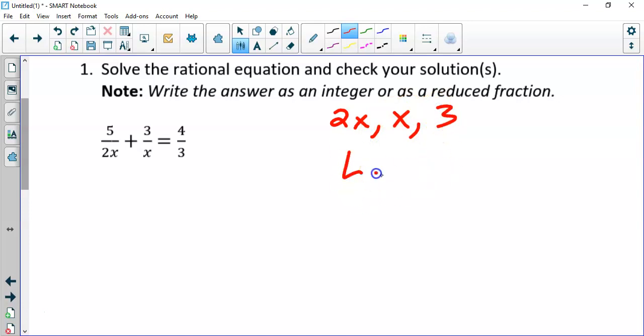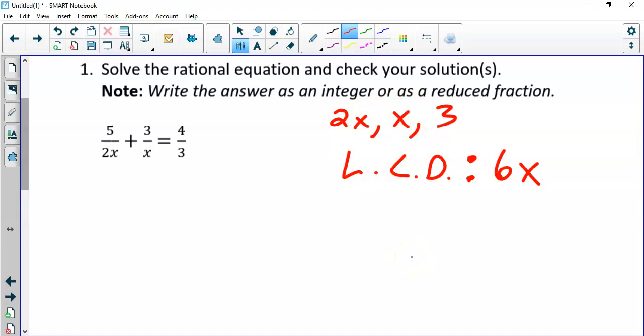So we need that LCD. So between those denominators, 2x, x, and 3, what will be the LCD, the common denominator? 6x. Yeah. Because 6 can be divided by both 3 and 2, and I need an x because these guys up here have x.